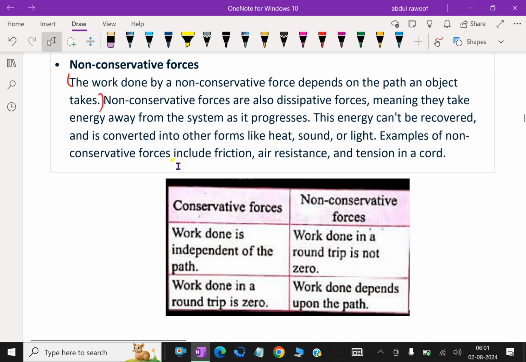Examples include friction, air resistance, and tension in a cord. Main difference: for conservative forces, work done is independent of the path and the work done in a round trip is zero. For non-conservative forces, work done in a round trip is not zero and work done depends upon the path.